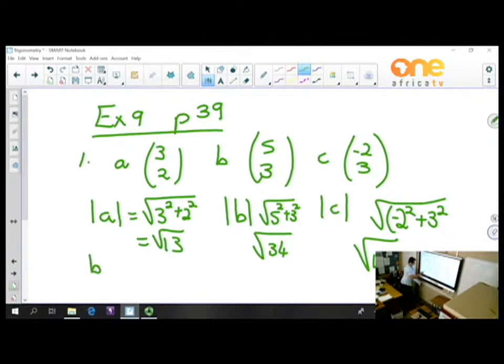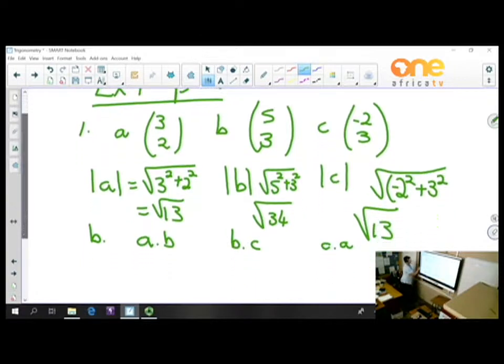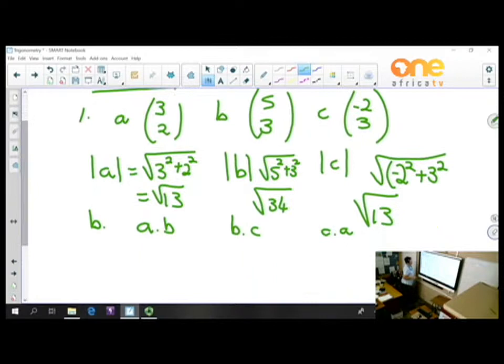At part B, they ask now, calculate the scalar products of A dot B, B dot C, and C dot A. So we have to get the scalar product of each one there. So what would be the scalar product of A dot B? ii plus jj, isn't it?